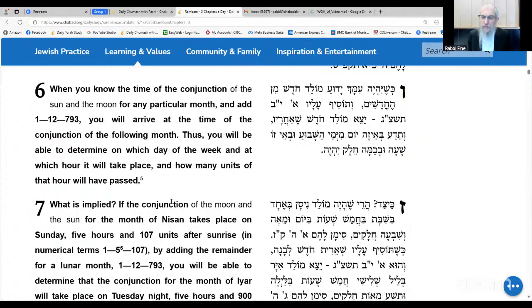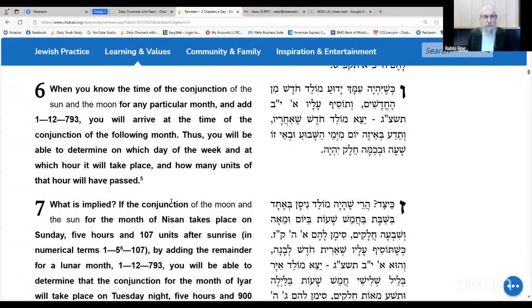Why do we need to know all this? It sounds very theoretical. Because if you're a rabbi on the Sanhedrin, you need to know when the next month's moon could be sighted, so that when witnesses come, you know if it's possible. They say, "I saw it last night." Well, last night was not a conjunction between the sun and the moon, so it's not possible.